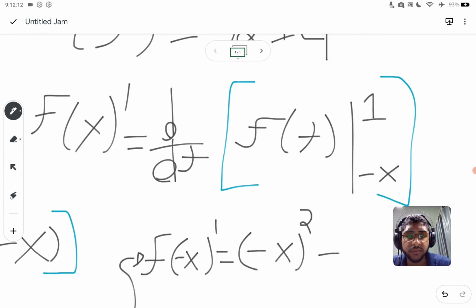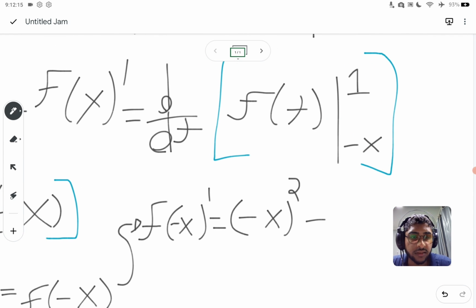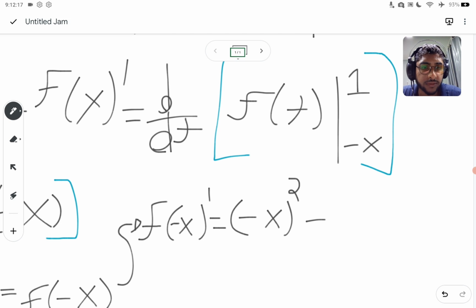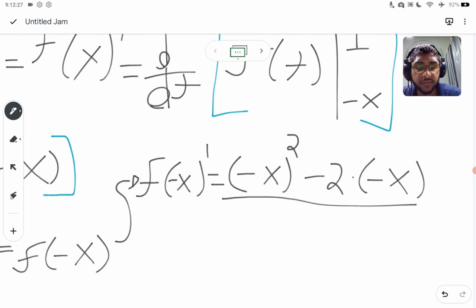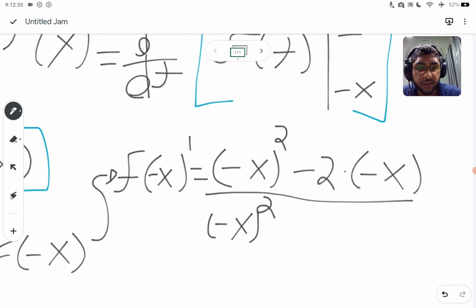My t now is minus x, and this will be minus 2 times minus x over minus x squared plus 4, again because my t is minus x.